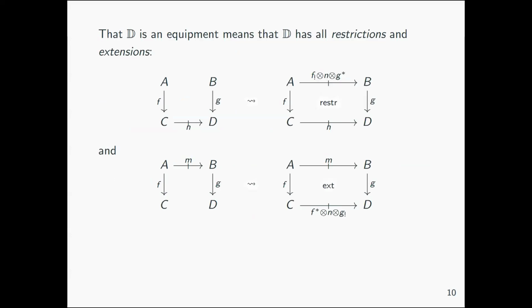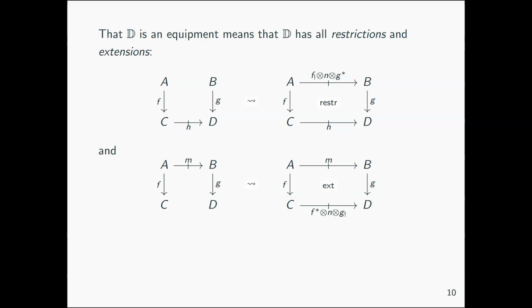So the equipment structure and the Cartesian structure will actually do some work for us shortly. So let's say what this means a little bit more precisely. Basically, this is equivalent to saying that every niche and every co-niche fills in and has either a restriction or an extension respectively.